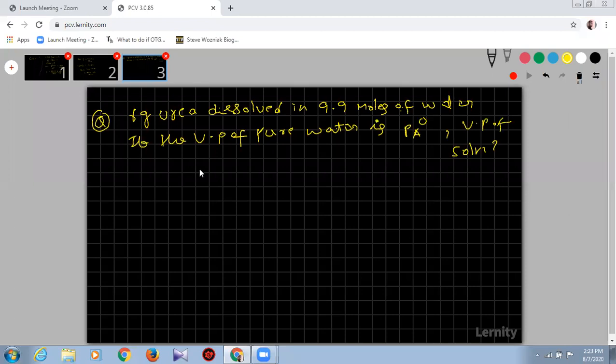See the data. 6 grams of urea dissolved in 9.9 moles of water. The vapor pressure of pure water is PA naught. Then what is the vapor pressure of the solution? Can you try it?